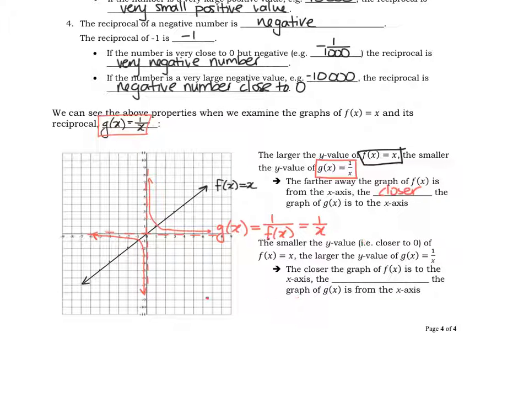So the smaller the y value on the graph of f of x equals x, that means that the larger the y value of the graph of g of x equals 1 over x. So let me just write that here. The closer the graph of f of x is to the x-axis, that means the farther away the graph of g of x is from the x-axis.